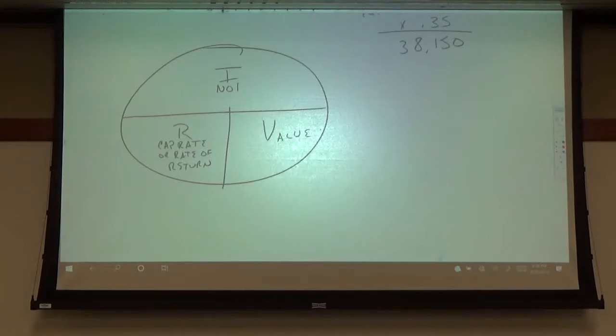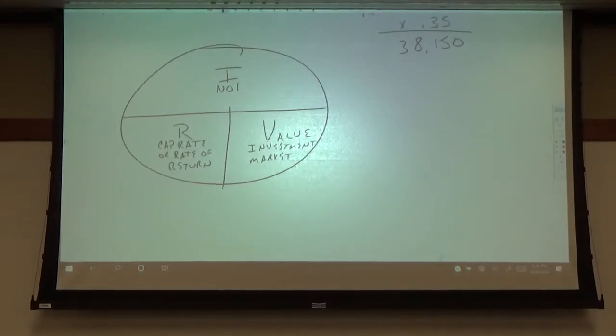The value could be investment value, market value, insurable value, replacement value, or a whole number of different types of value. We're going to talk a little bit about some of that here as well.